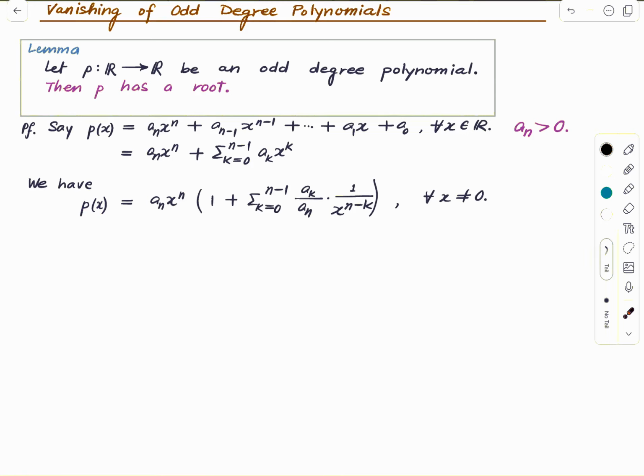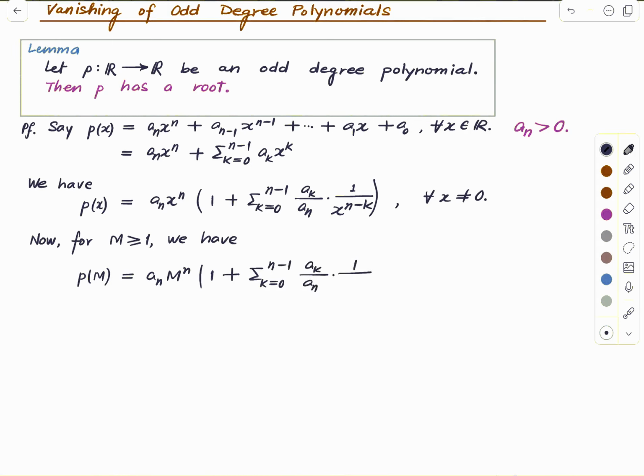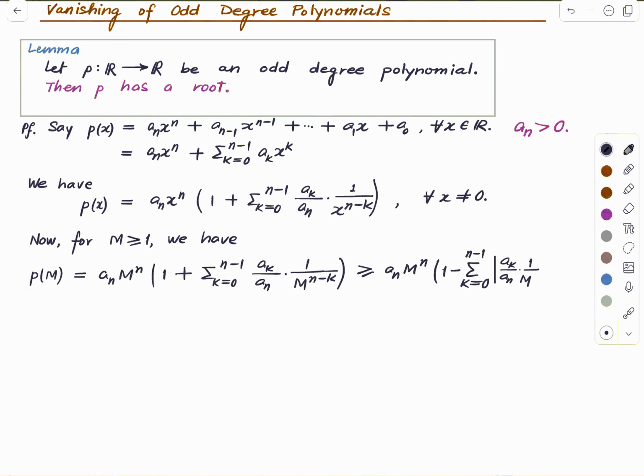So let's execute this last step. We have, for some positive integer m, p of m is greater than or equal to this, and I will explain this inequality. It's very simple.